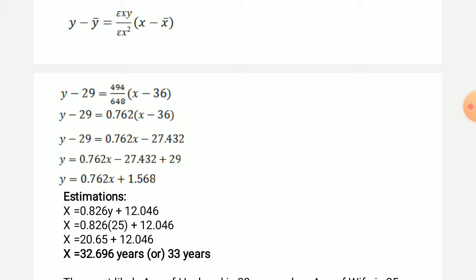Now y is equal to 0.762 x minus 27.432 plus 29, the difference will be 1.568. This is the regression equation y on x.